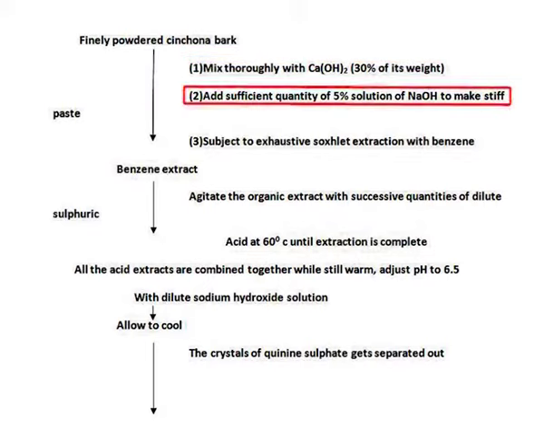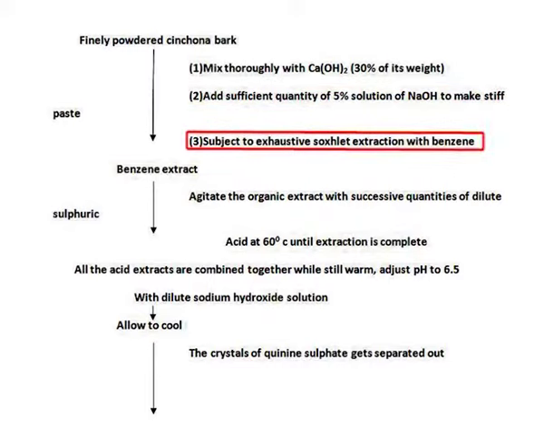Then a sufficient quantity of 5% solution of sodium hydroxide is added to make a stiff paste. After that, it is subjected to Soxhlet extraction using benzene as a solvent. Thus we get benzene extract.